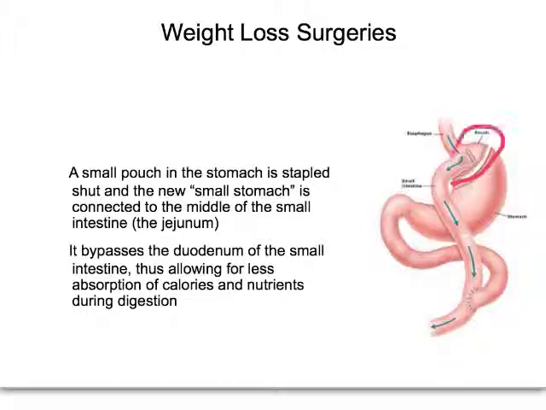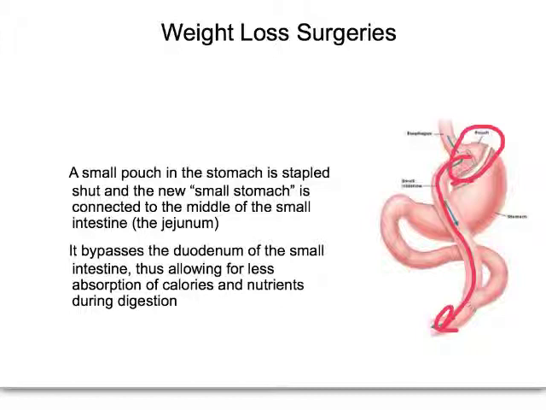So this is our little pouch of the original stomach that's kind of stapled off. And this part is then connected. Okay, they use part of the small intestines to connect that to the jejunum, which is in the middle of the small intestines. So it bypasses a lot of the stomach, so it doesn't allow people to eat as much because there's not as much room as in their old stomach.